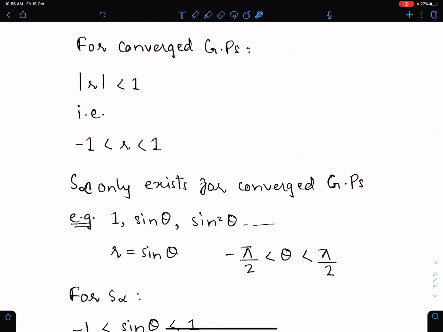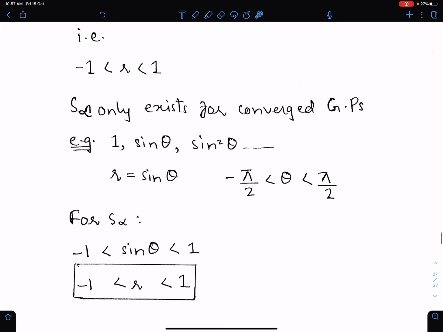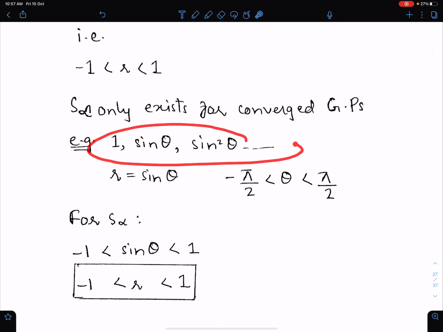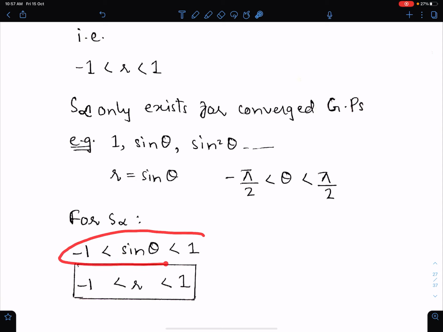Let's suppose these are the first three consecutive terms of a GP, and this is the domain. And the question is, explain why this GP has a sum to infinity. For that, you need to first write the minimum and maximum value of sine. You all know the minimum value of sine is minus 1 and maximum is 1.